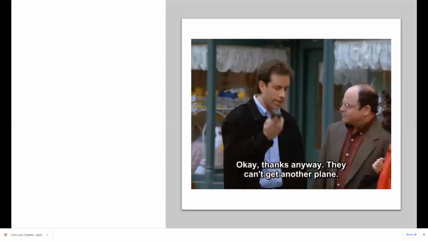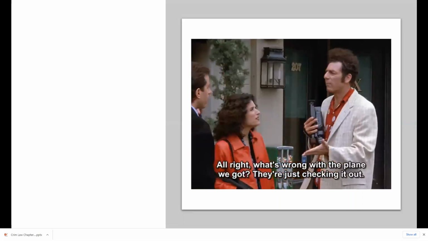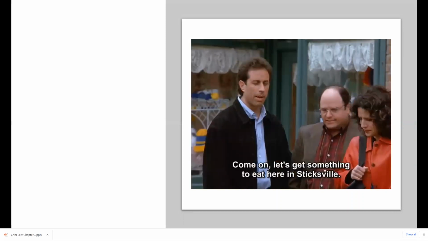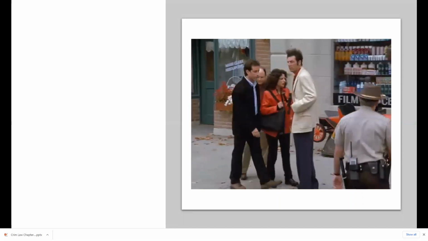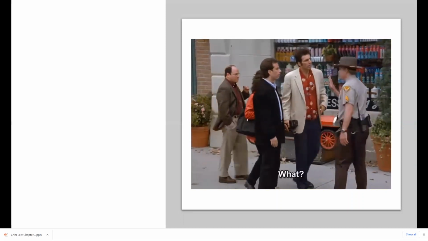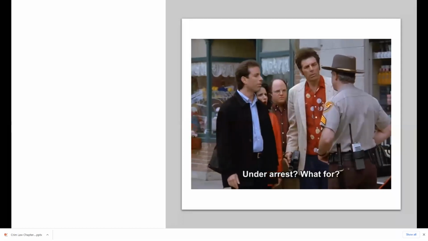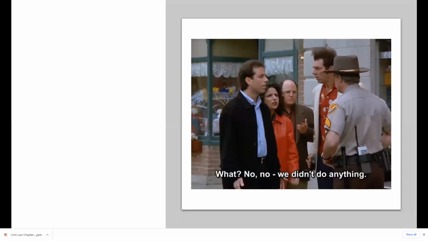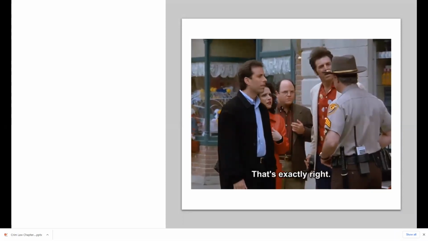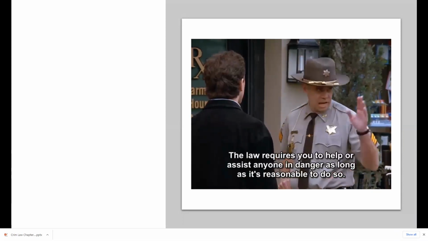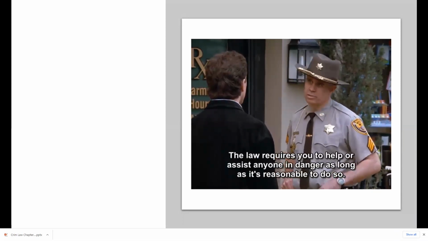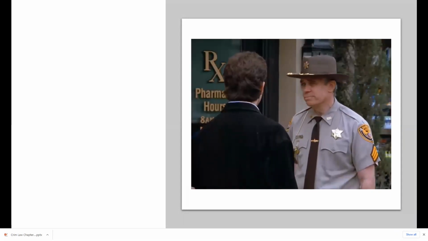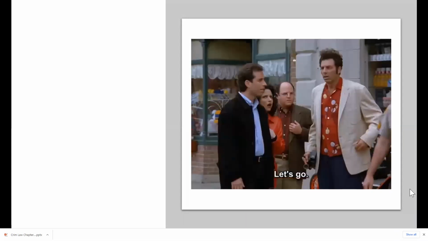Okay, thanks anyway. They can't get another plane. What's wrong with the plane we got? They're just checking it out. No. Not getting on there. Come on, let's get something to eat here in Sticksville. All right. Hold it right there. You're under arrest. Under arrest? What for? Article 223-7 of the Layton County Penal Code. What? No, we didn't do anything. That's exactly right. The law requires you to help or assist anyone in danger as long as it's reasonable to do so. I never heard of that. It's new. It's called the Good Samaritan Law.